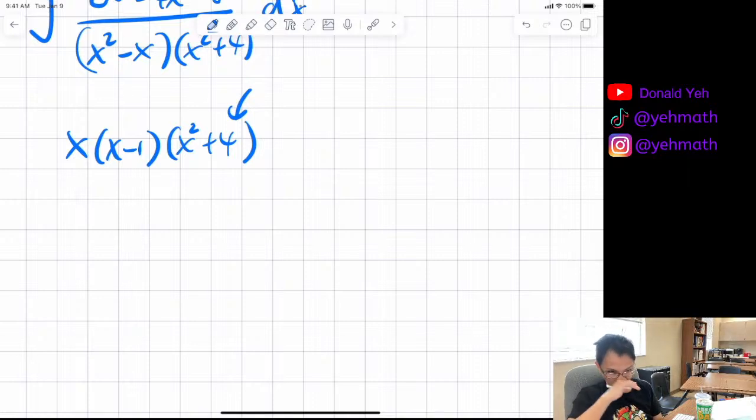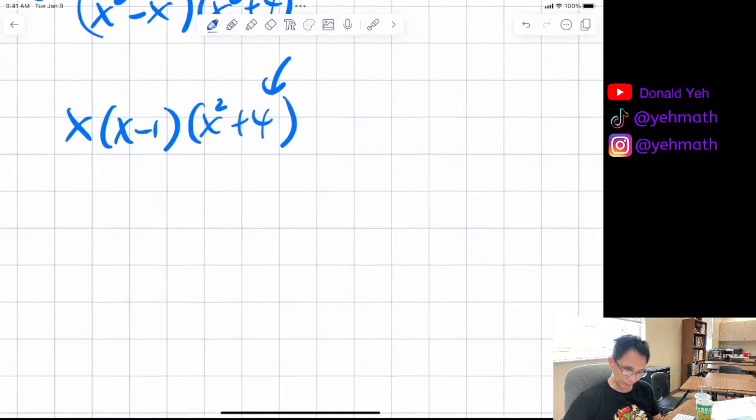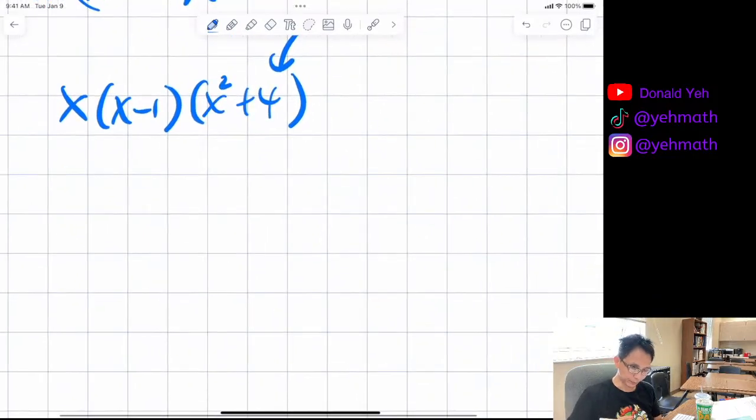That's called repeated linear for the other one. It's when you have a multiplicity of 2. The only thing you have to pay attention to, I'm going to show you what happens here.